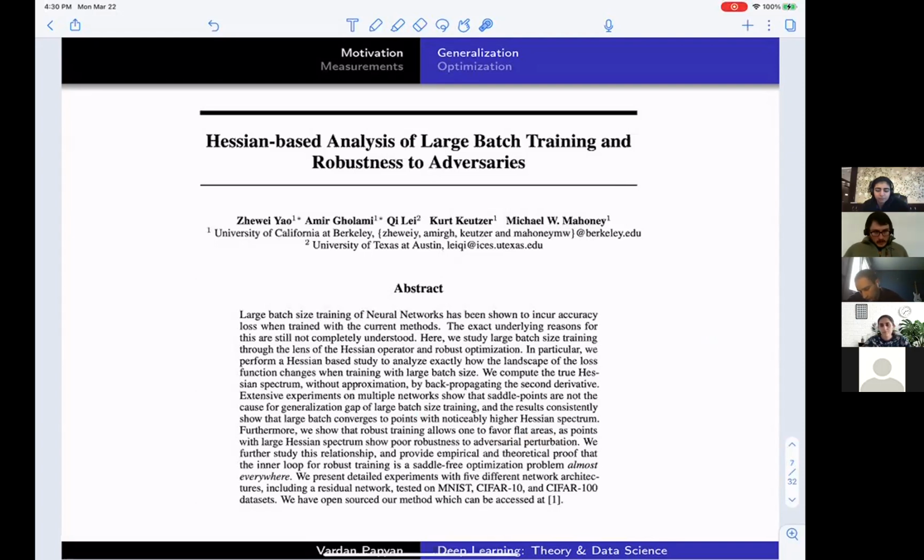So they claim that this is because the optimization tends to converge to non-flat minima. So what's the importance of this paper? Again, it shows you that people believe that somehow the spectrum of the Hessian or the notion of flat minima is related to generalization.